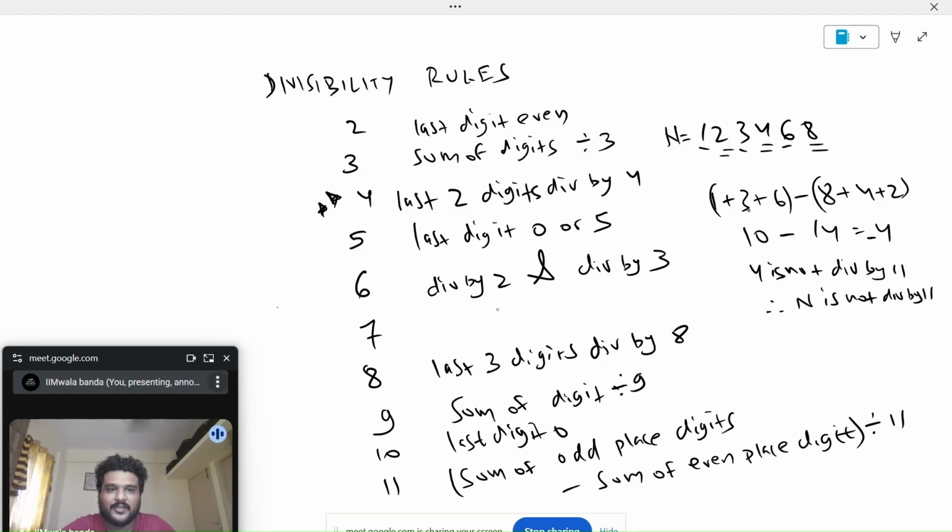So how do I get rid of this 4? Maybe I can make 6 reduced by 4. If I can make this 2, 1, 2, 3, 4, 2, 8 will be divisible by 11. Why? Because now instead of 6, this will be 2. And since it is 2, this whole number will be reduced by 4 and will come out to be 0. So my job is done.